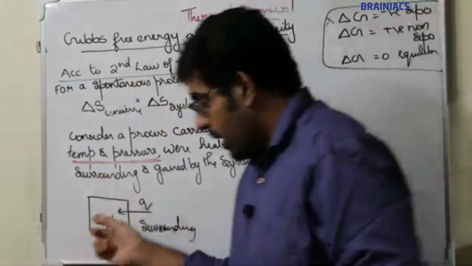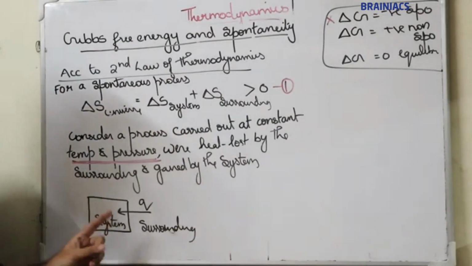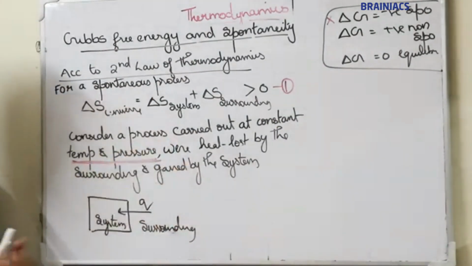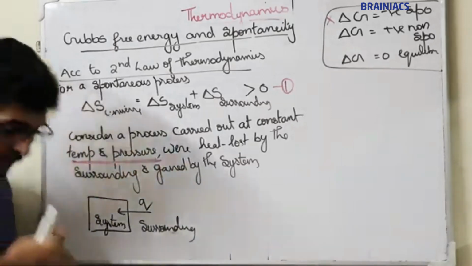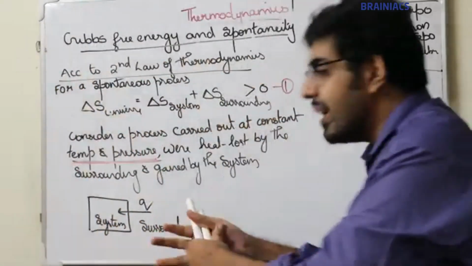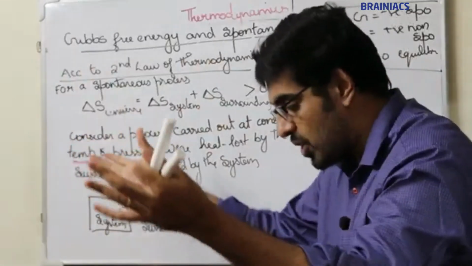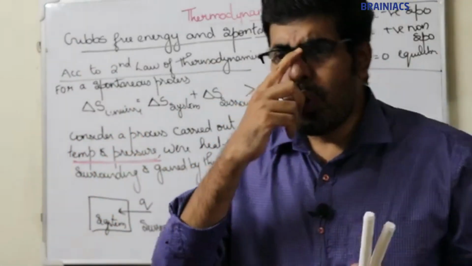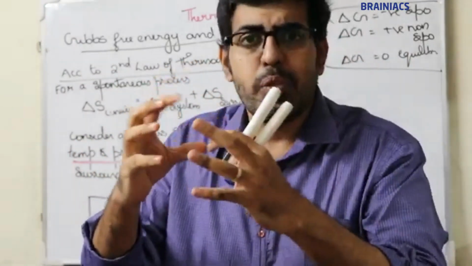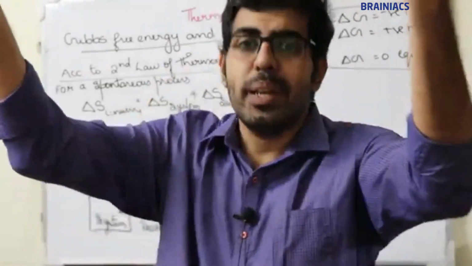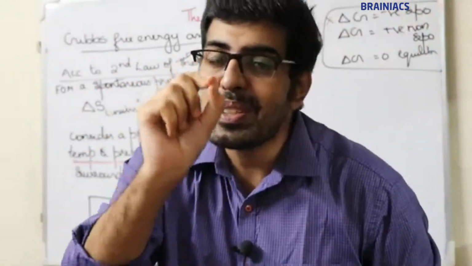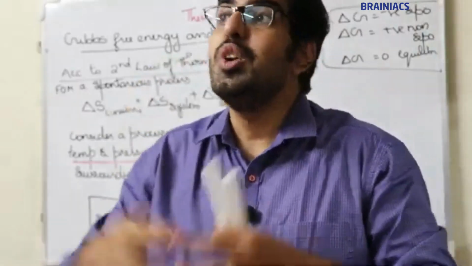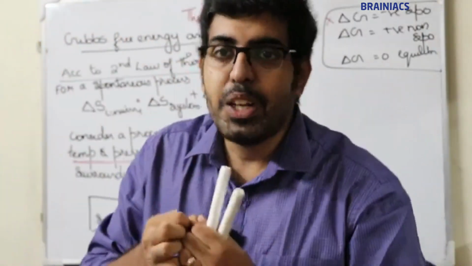Now from the point of view of the system, it is gaining heat energy. From the point of view of the surrounding, it is losing heat energy. You know that when a system or surrounding loses energy, that energy is negative. Energy lost is negative. Energy gained is positive.